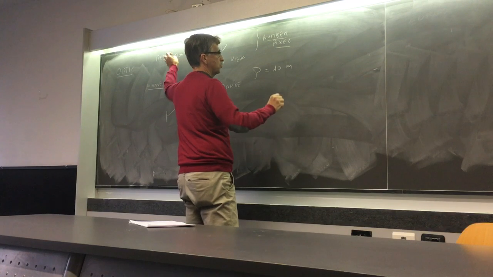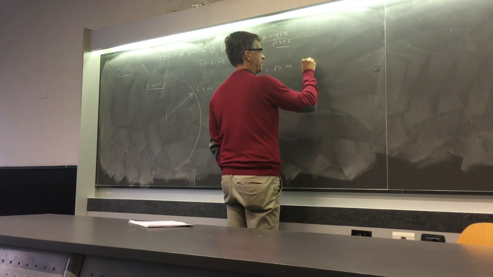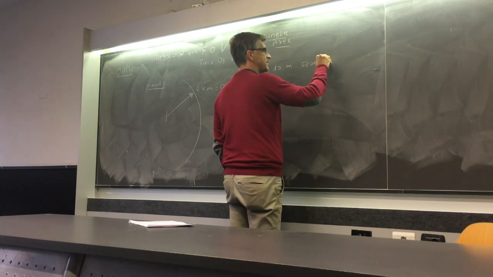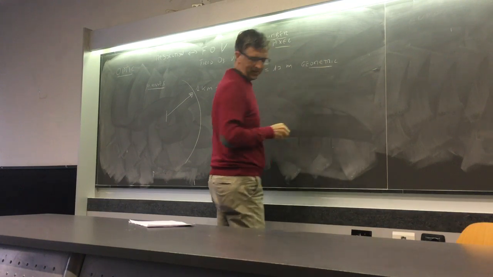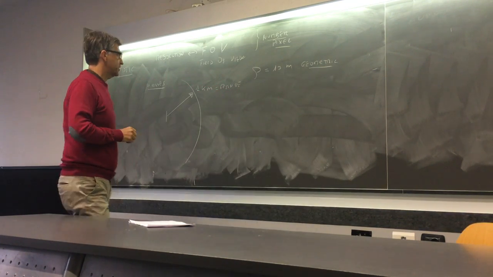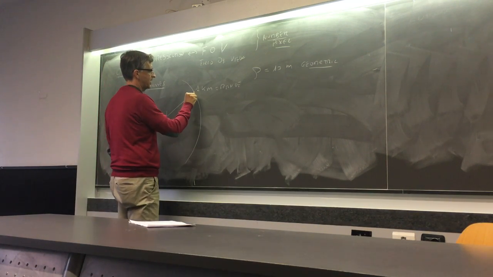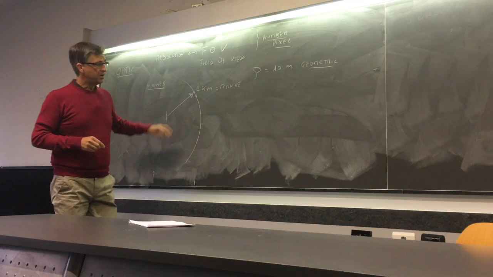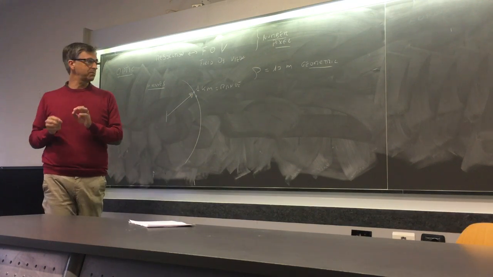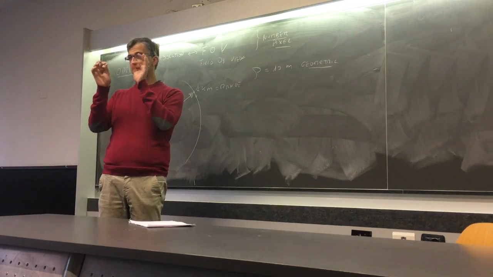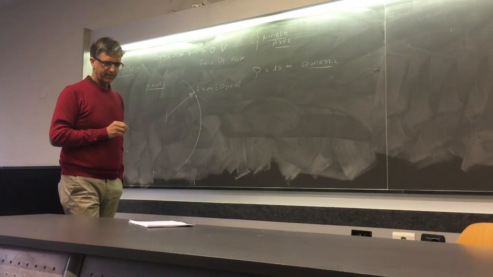Today there are other measures of resolution. Resolution means that if at 1 kilometer there are two targets more distant than 10 meters, you want to see two different points.